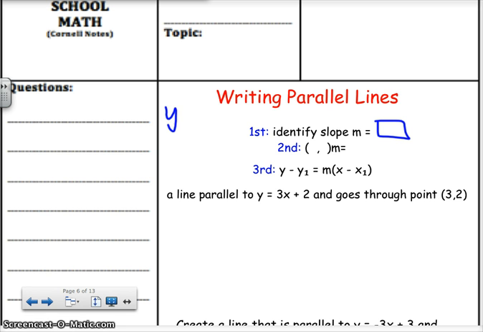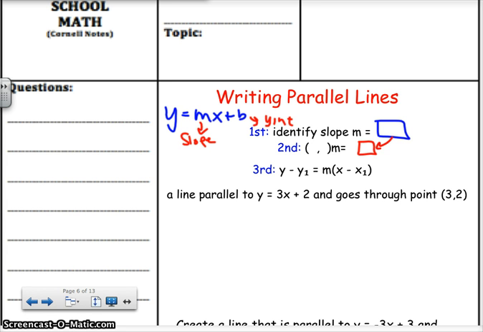Reminder, previous knowledge, you need this. Slope-intercept form, y alone. You need to know that whatever is in front of x after y is by itself is the slope. The second thing you're going to do is pick the point and write what m equals.